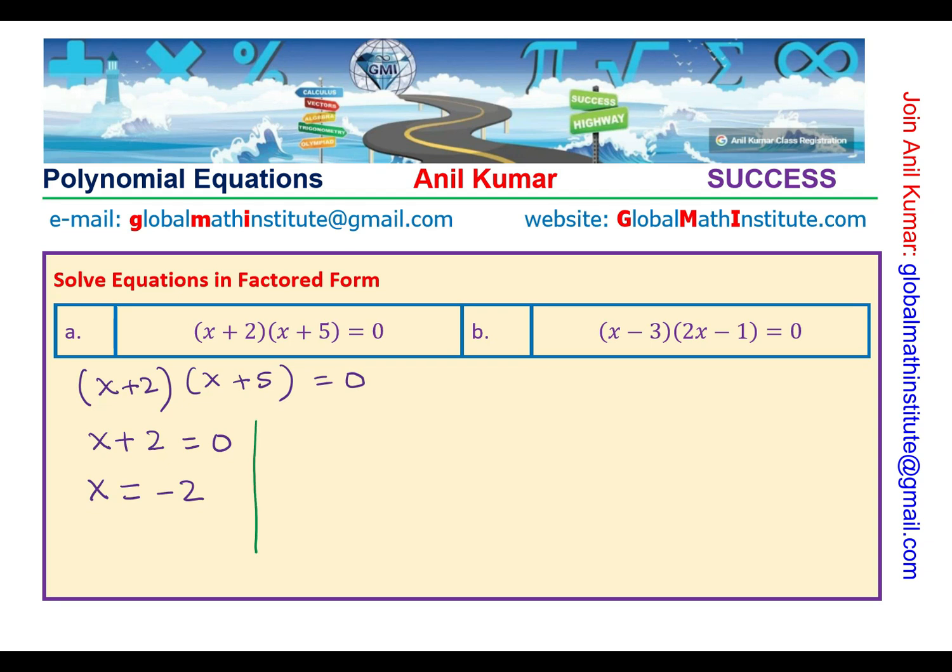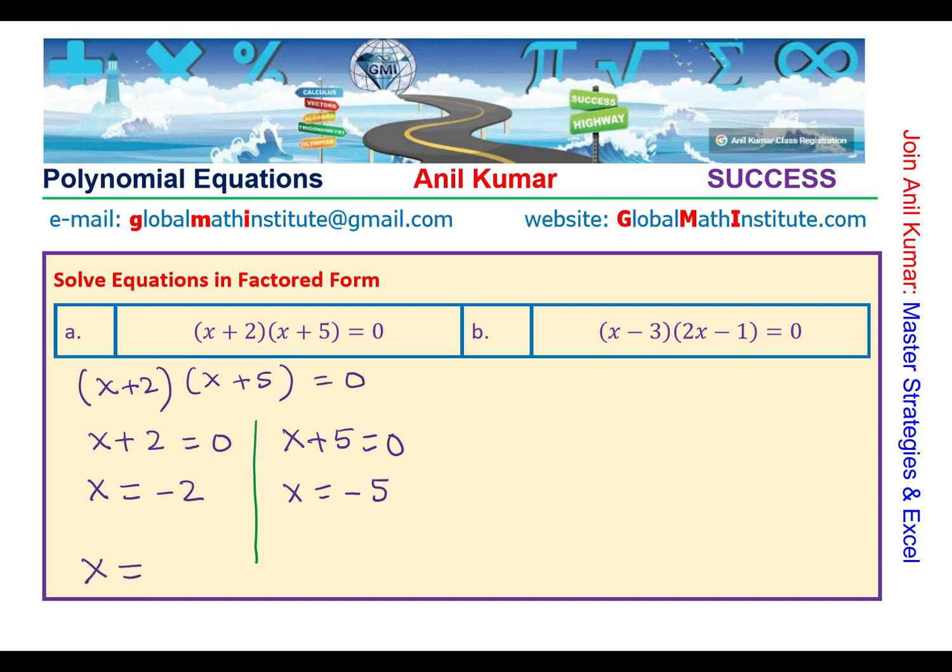On the other hand, we can equate x plus 5 to 0, and that gives you x equals to minus 5. And therefore, we have two solutions to this equation, which are x equals to minus 2 and minus 5.